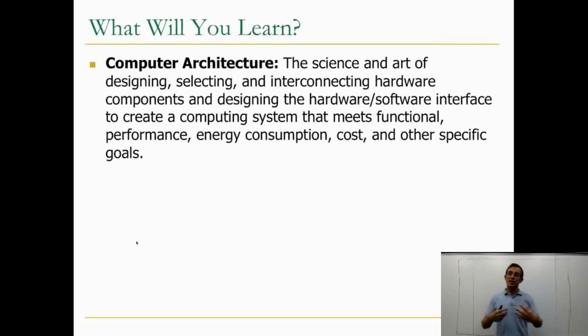Basically, it's a science and art. Why is it art? Because it's really dependent on many factors. And you're designing a computer architecture, a computer platform for 5 years from now. You don't even know what applications will necessarily be running on this platform. And it's very difficult to model the future. And as a result, there are many choices that are made in computer architecture that are like art, that are based on insight, and that are less based on science, that are less quantitative, because it's very difficult to quantify what people will be running on a computer platform 5 years, or maybe even 10 years from now, or maybe even 2 years from now.